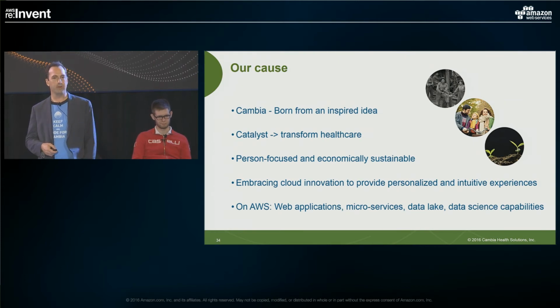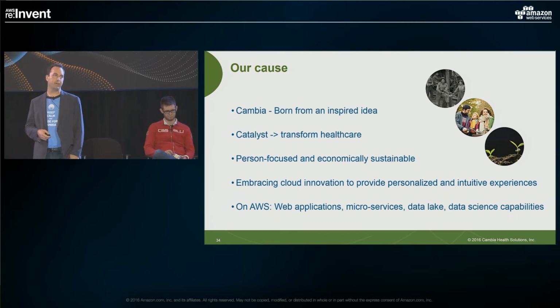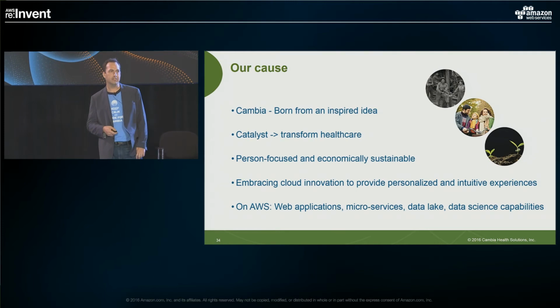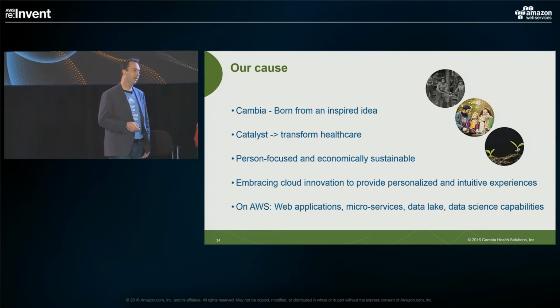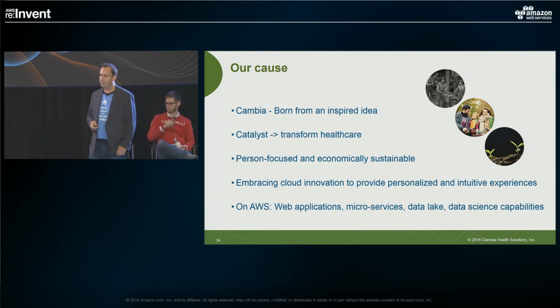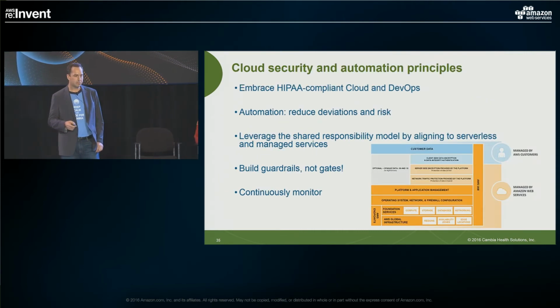We're helping people make smarter healthcare choices. We're arming you with cost transparency tools so you can shop for the quality and cost of care that you're looking for. We're providing wellness rewards platforms and also microservices based on AWS, data science capabilities, et cetera.